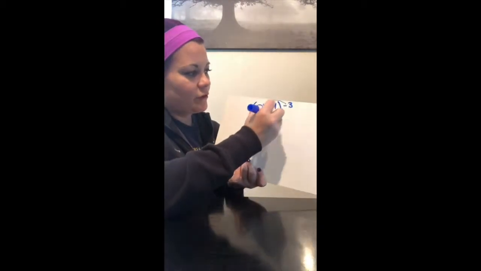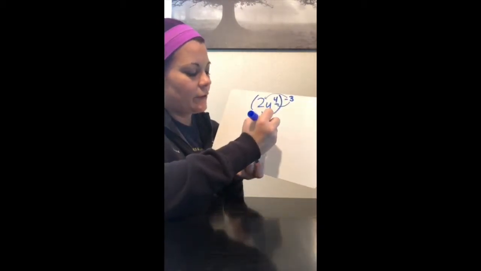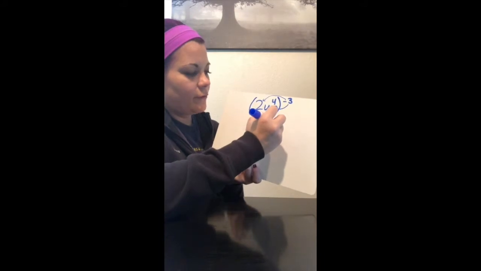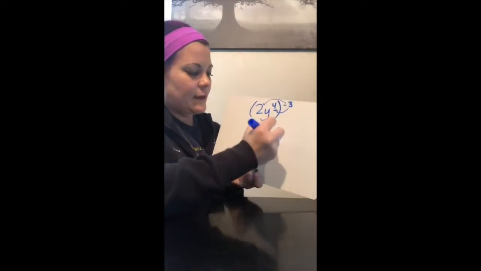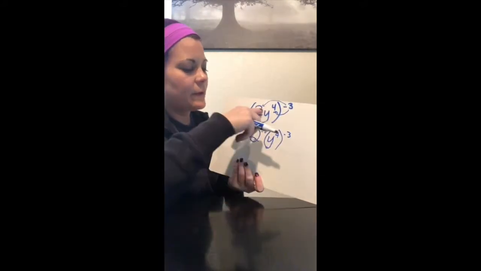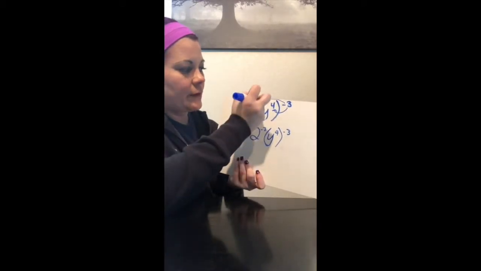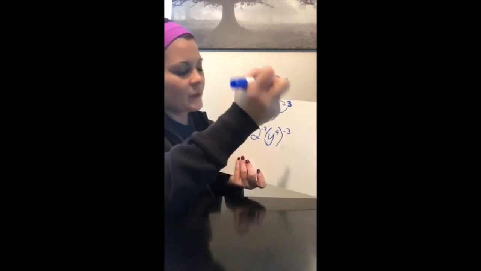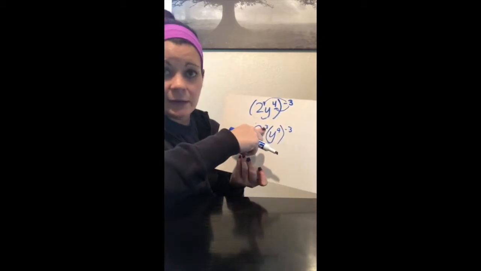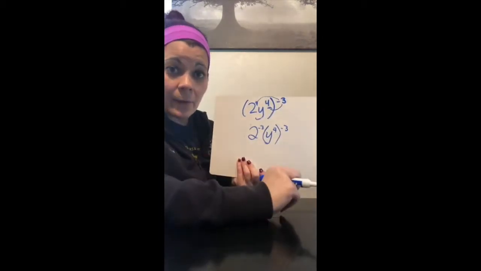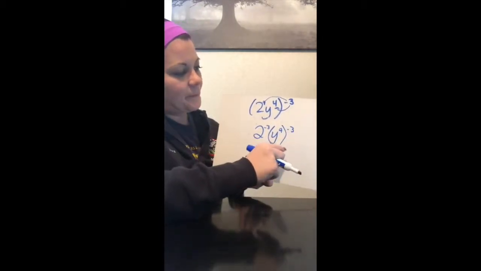And then you also have to distribute it to the y, so it'd be y to the fourth times the negative third power. And the reason why it's 2 to the negative third power is because there's a 1 right here, and 1 times negative 3 is negative 3 because it's a power raised to another power, so you would multiply it.